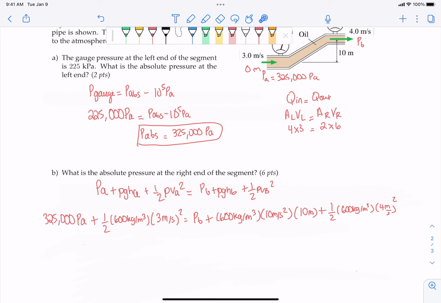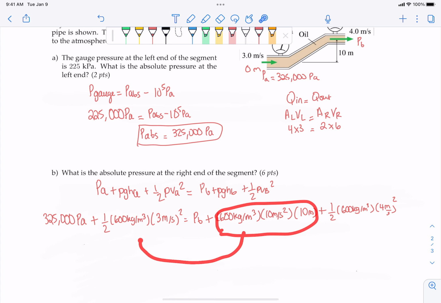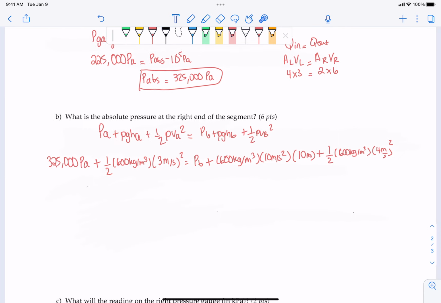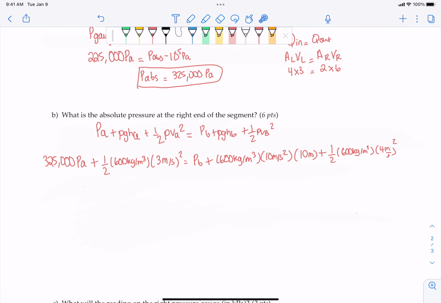I think if you wanted to do that, all you would have to do is subtract this term over, because then you would have a PGH term right over here, and you wouldn't have a PGH term over there.